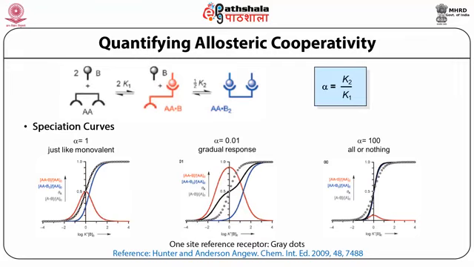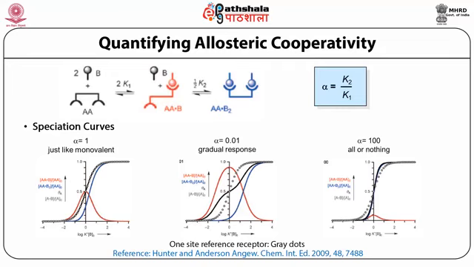In the second case, where you have negative cooperativity, you see a gradual response. Initially your binding site gets occupied faster than the reference system, which is the gray dot, but eventually that complex is quite stable, and after that the binding site occupancy becomes gradual with changing ligand concentration, and we see a significant population of the intermediate state.